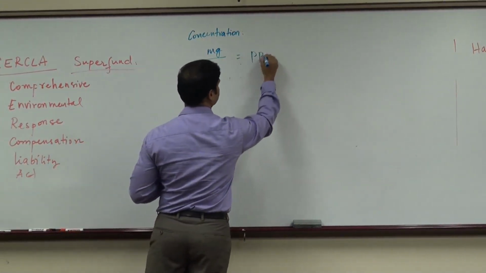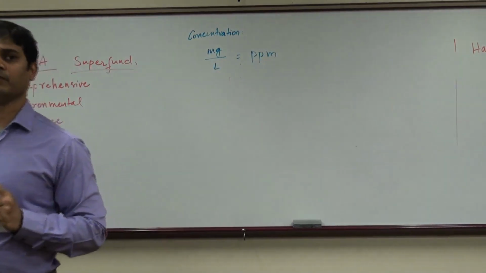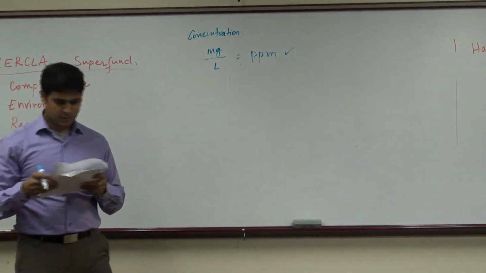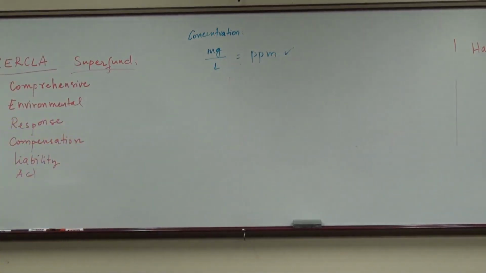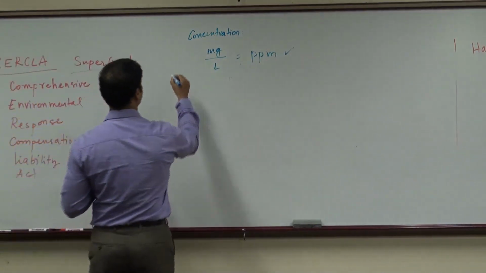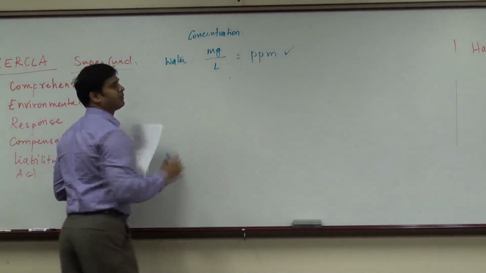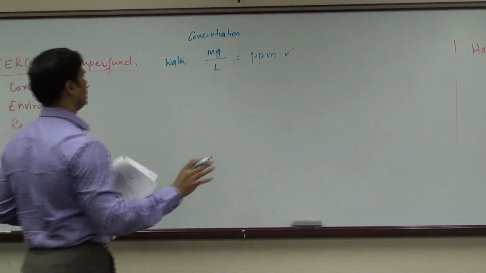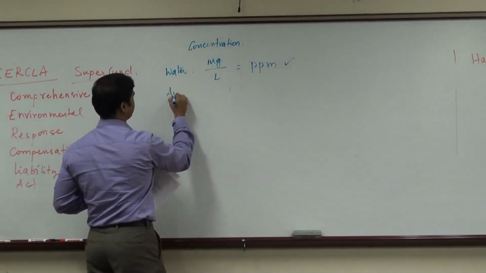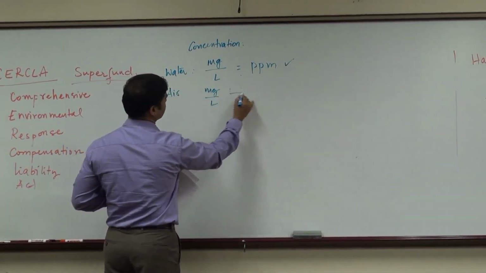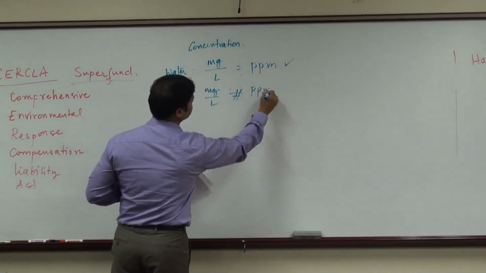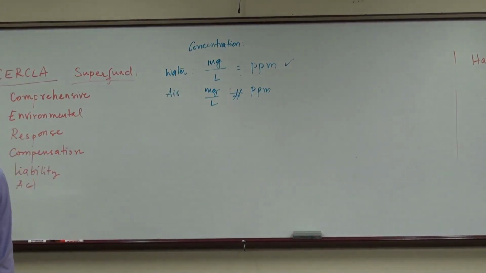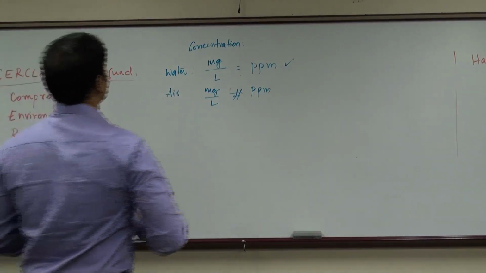And how else can I express it? What's ppm? Parts per million. So if you get the answer either way, that's correct. So both are the same. All right. So this is applicable for your water. When it is water, your milligrams per liter is equal to ppm. That's strictly for water, not for air. Air is different, different molecules and everything.